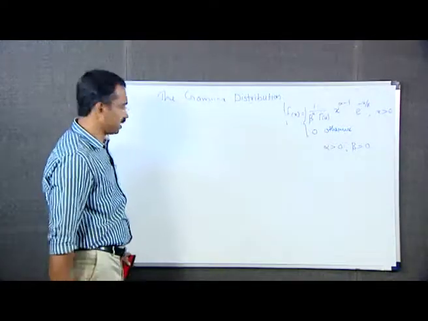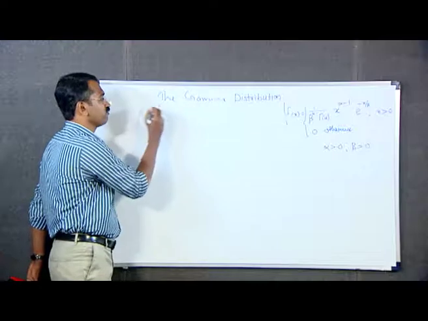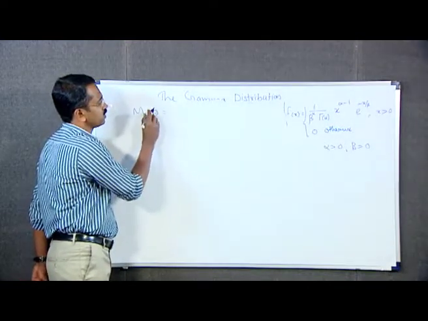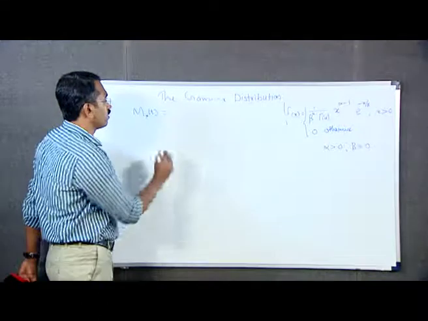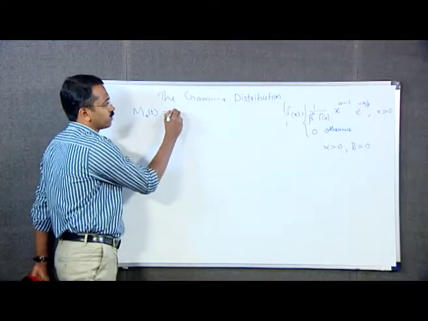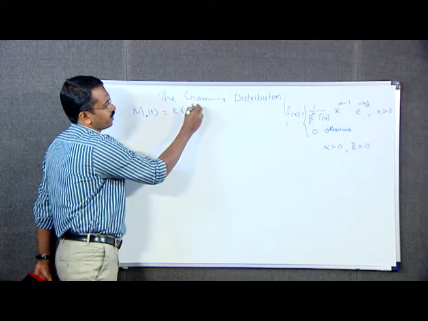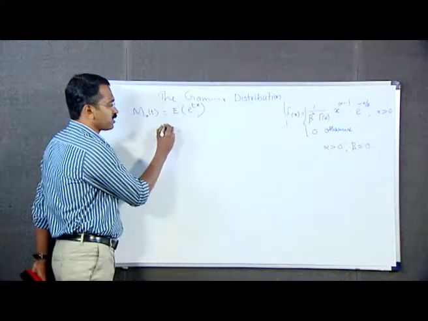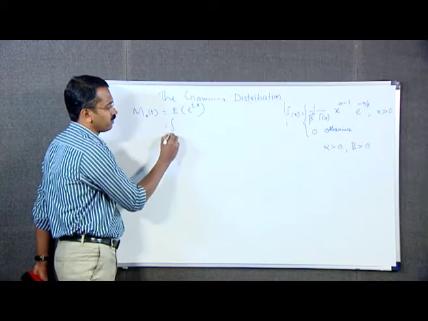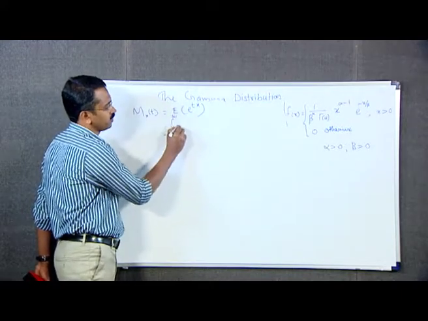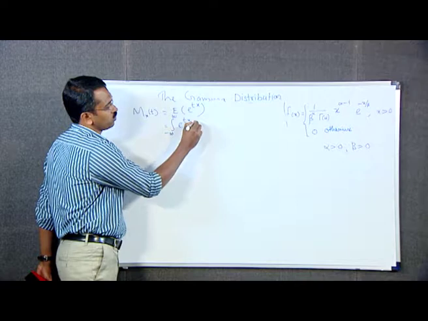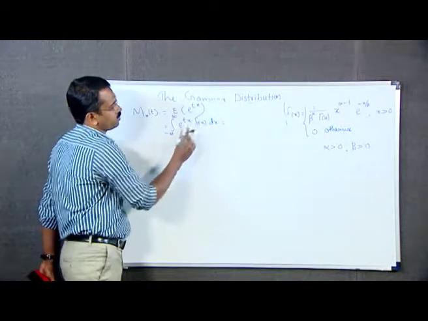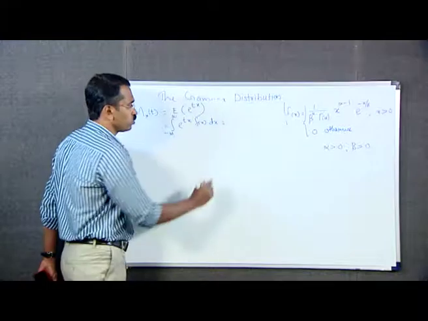In terms of expectation, the moment generating function is defined as M_X(t) is equal to expectation of e raised to tX. By the definition of expectation, it is the integral from minus infinity to infinity e raised to tx into f of x dx. We split this integral into two.